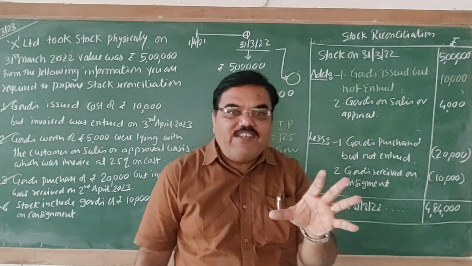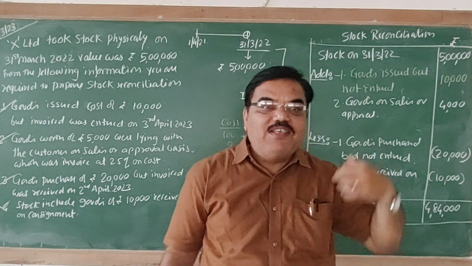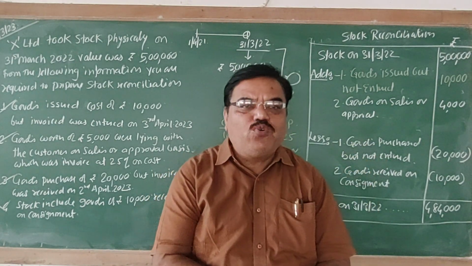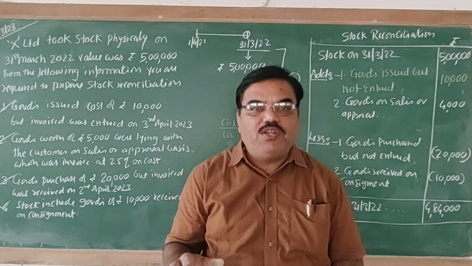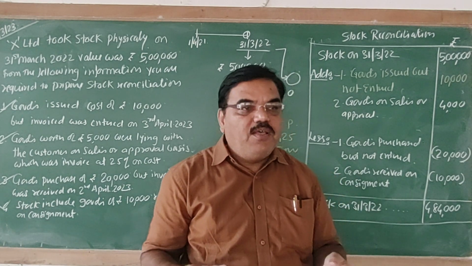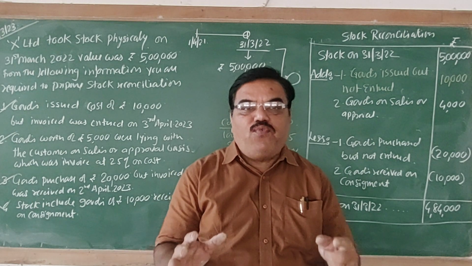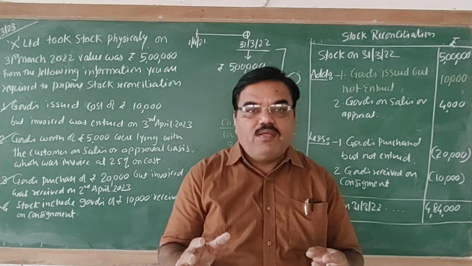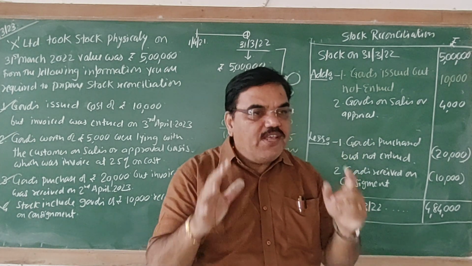So all those adjustment you have to do in this reconciliation, and that's why, dear student, this reconciliation, stock reconciliation, preparation of the stock reconciliation for every company is very much necessary.